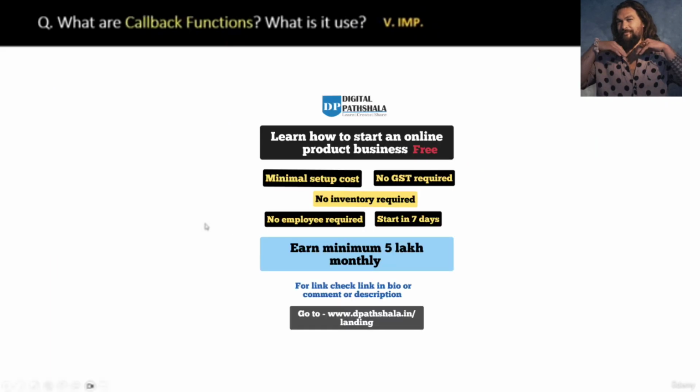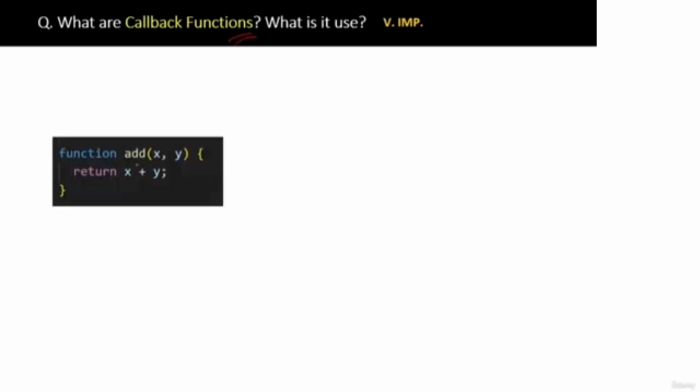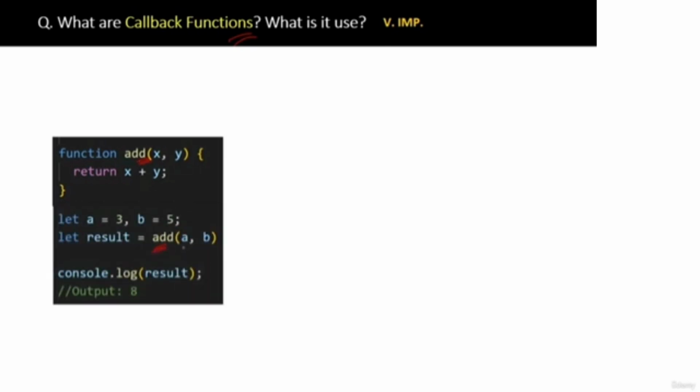What are callback functions? What is their use? Again, a very important question. Here is the code, and you can see we have a simple normal function add here. Now we can call this add function by passing two parameters and then getting the result in the result variable, right? Here the names of the parameters are not necessarily the same as the names of the parameters in the actual method.